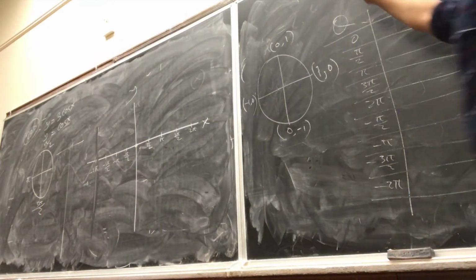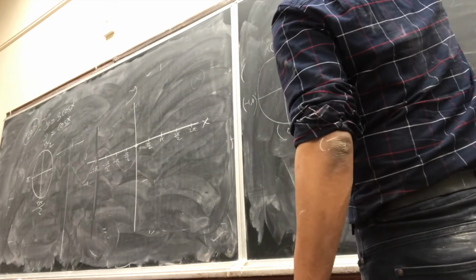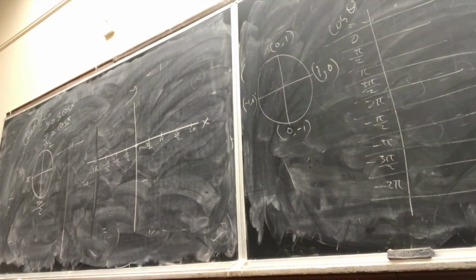Now remember we are dealing with cosine theta. Cosine 0 degree is what? 1. Cosine 90 degree is? Cosine 180 degree is? And cosine 270? Cosine 360?